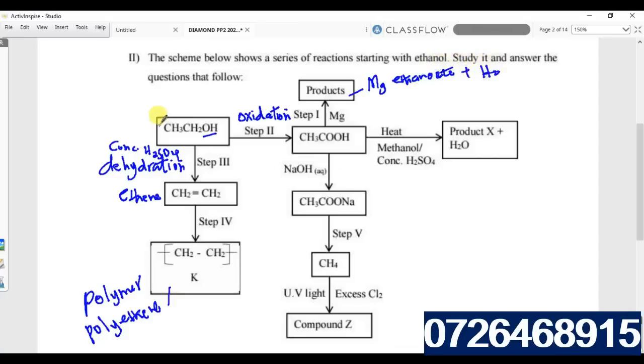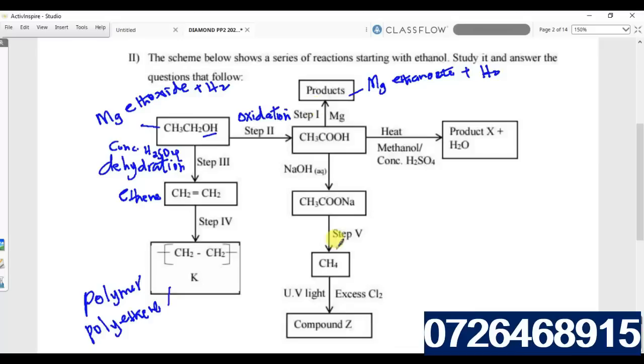But when ethanol reacts with magnesium or any metal, it forms magnesium ethoxide plus hydrogen gas. So that is the difference. Ethanol will react with magnesium to form a salt called magnesium ethoxide, while ethanoic acid will react with magnesium to form magnesium ethanoate.